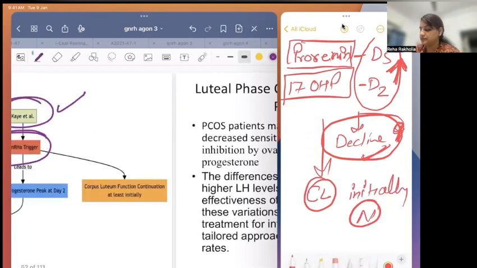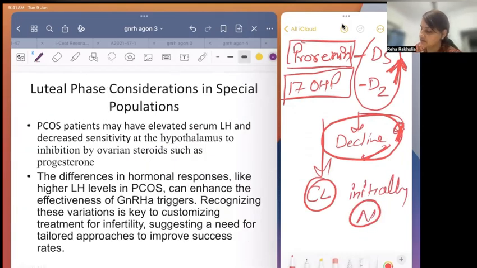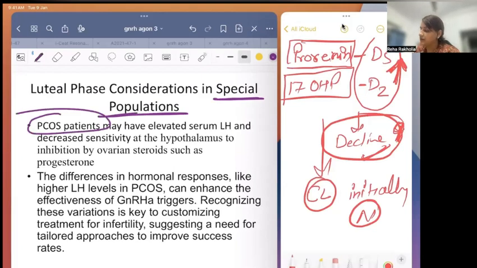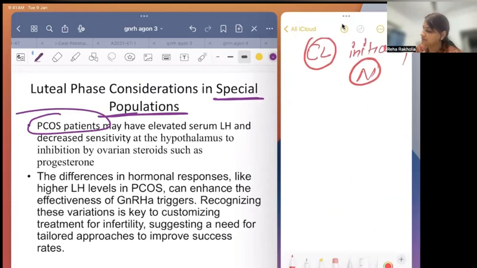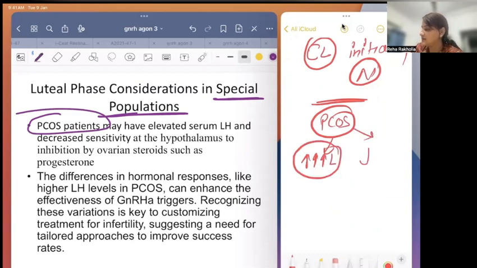Then, luteal phase consideration in special populations like PCOS patients. In PCOS patients, there is raised LH, and there is decreased sensitivity at the hypothalamus.